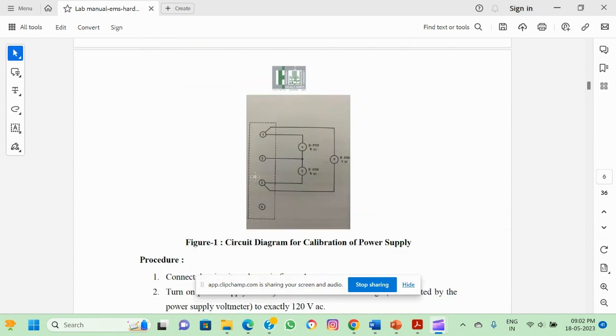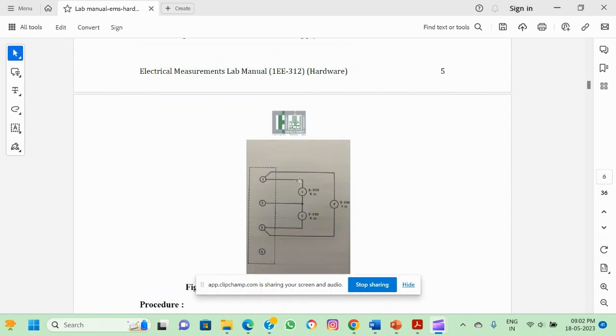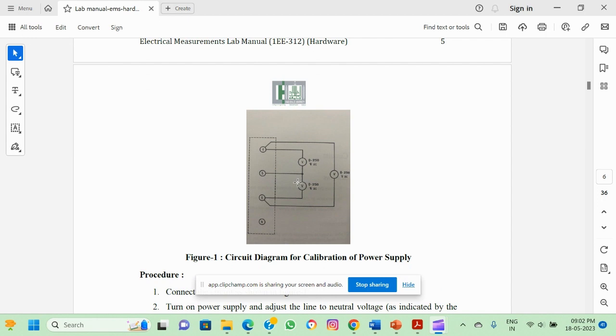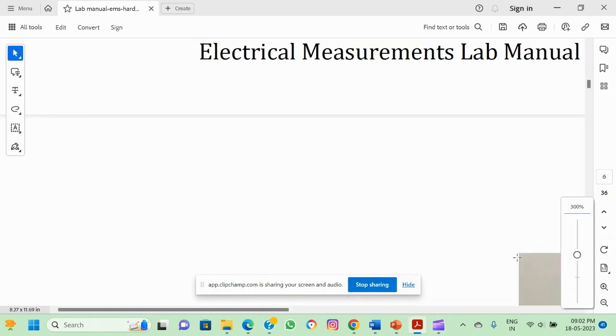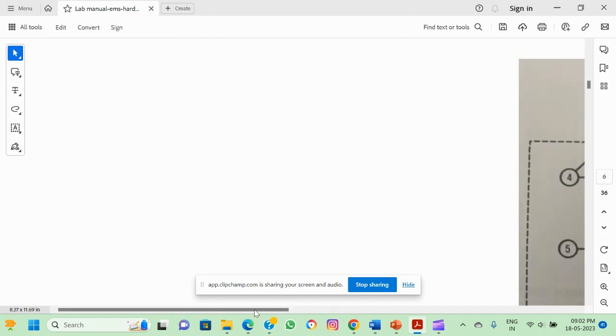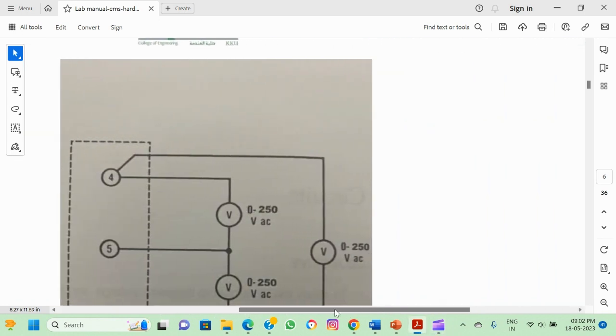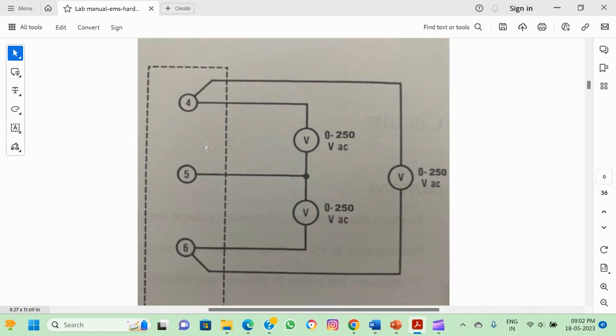We will connect the circuit like this. We will connect 3 voltmeters between 3 power supply terminals: between 4 and 5 one voltmeter, 5 and 6 one voltmeter, 4 and 6 one voltmeter.